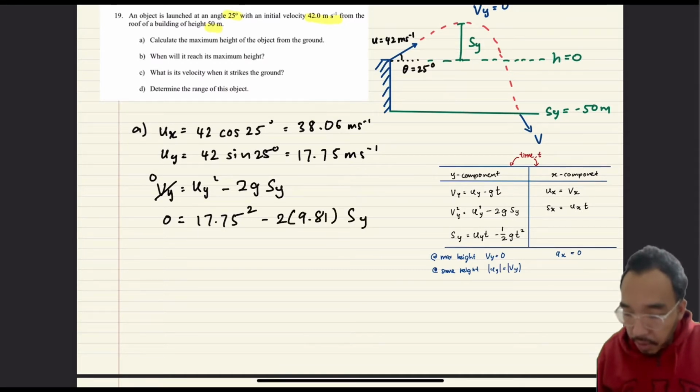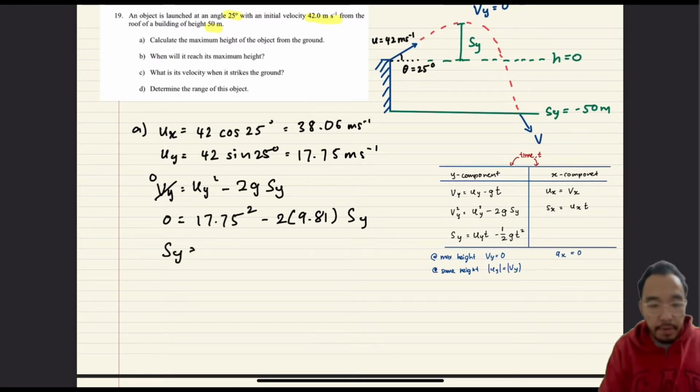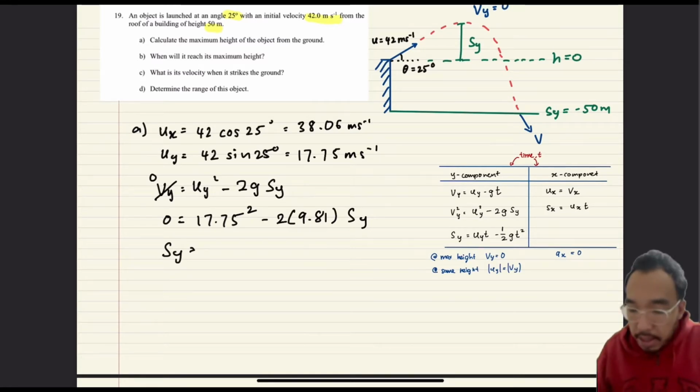So you basically want to find the sy. So you take the square of 17.75, and then you divide by 2 and 9.81. So I got here 16.06.